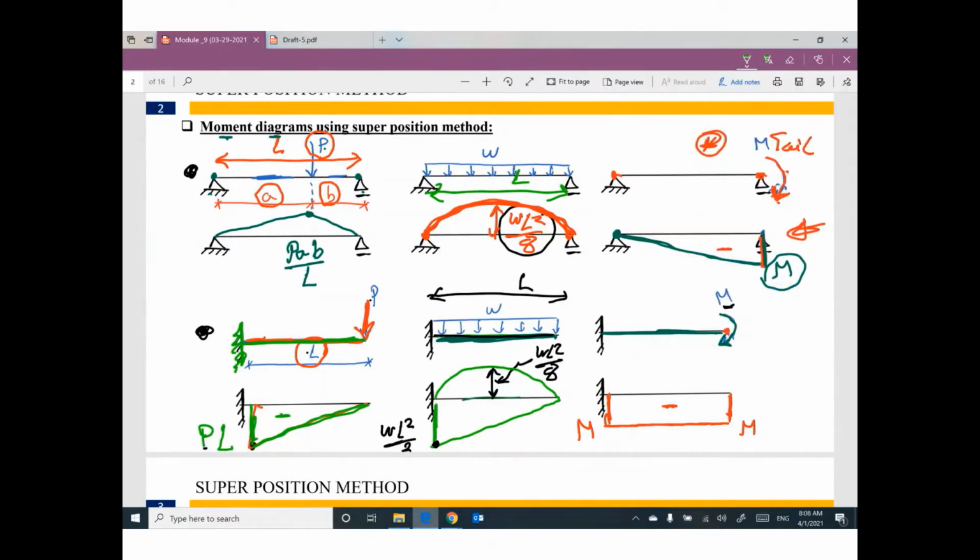If you have a simply supported beam, between a hinge and a roller, you can have a concentrated load, a distributed load, or a concentrated moment at one end. In the second case, you have a cantilever with a concentrated load, with a distributed load, or with a concentrated moment.